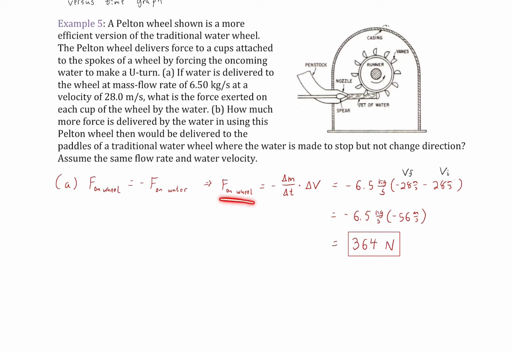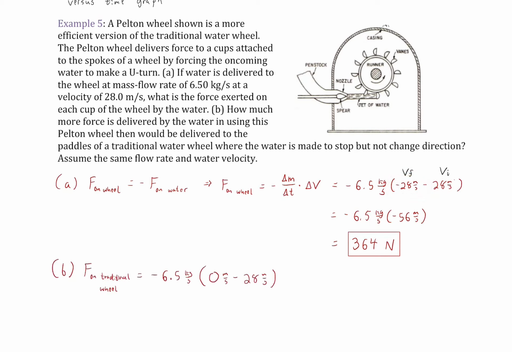Because I was trying to solve for the force on the wheel. The force on the wheel must obviously be towards the right, which is the positive direction, so it's good to make sure the signs work out, and they do. So 364 newtons is the force exerted on the wheel for this particular mass flow rate and velocity, given that the final velocity was a full U-turn the other way.